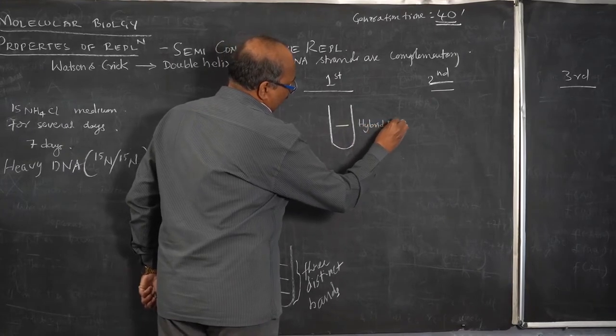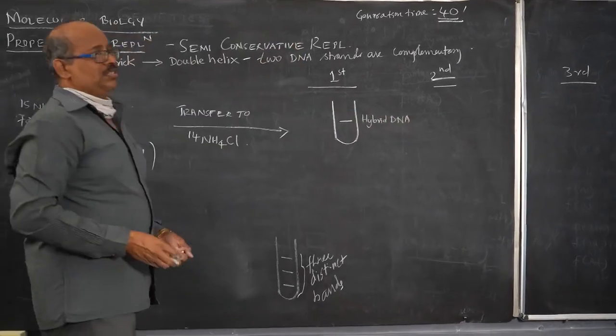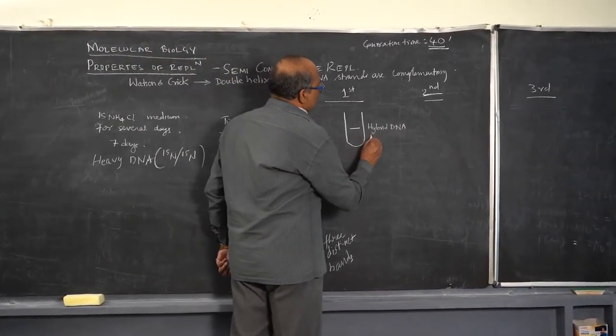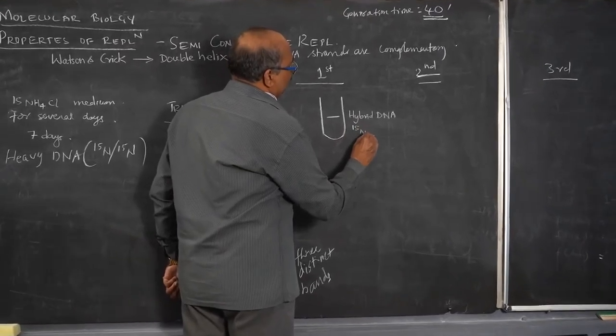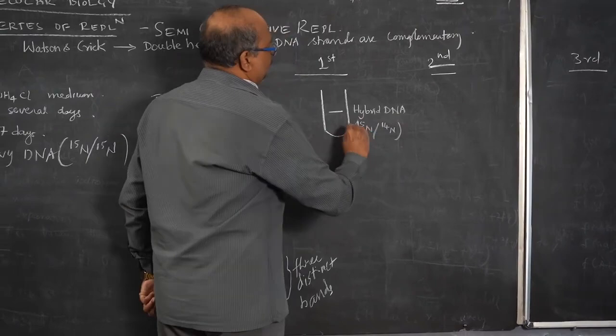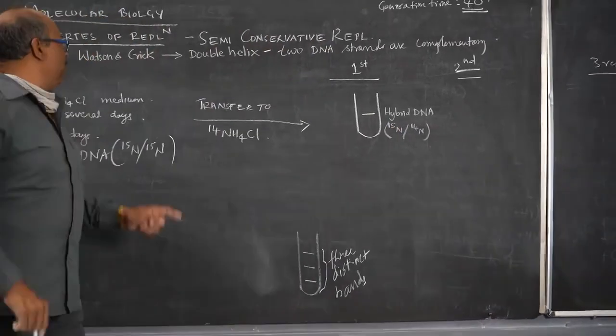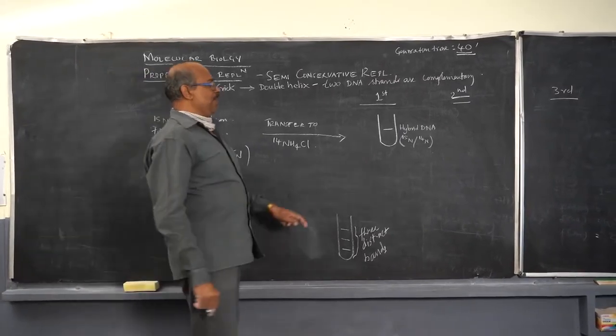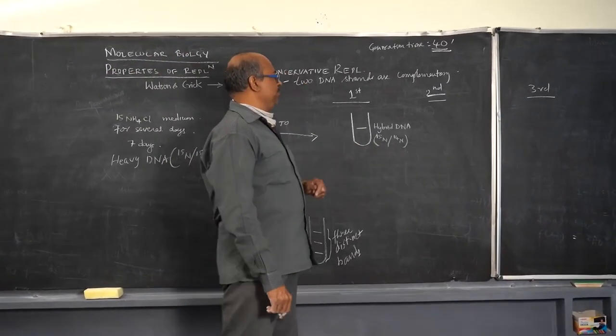There was only one band, and that band was hybrid DNA. Hybrid DNA means it has one strand made up of N15 and one strand made up of N14. The N15 came from its parent, and the N14 came from the newly synthesized strand.